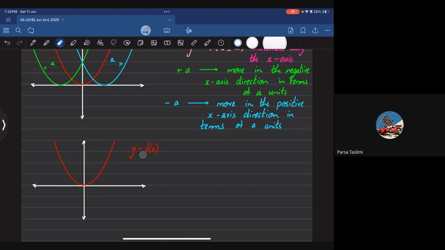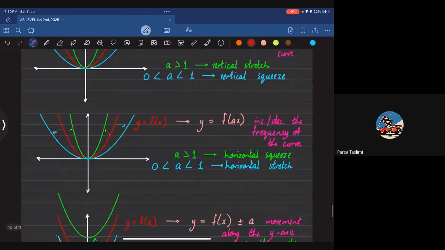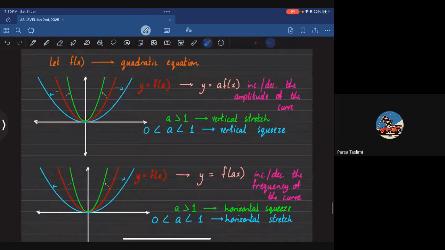We've done everything, but if you remember, when we began transformations, I purposely left out negative multiplication, or negative multipliers. I told you if a is greater than 1 or between 0 and 1. We did not do negative ones. Now we're going to do negative ones.